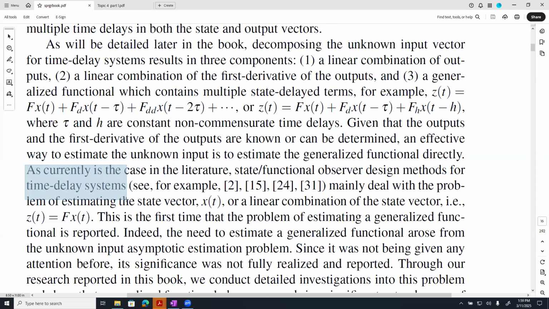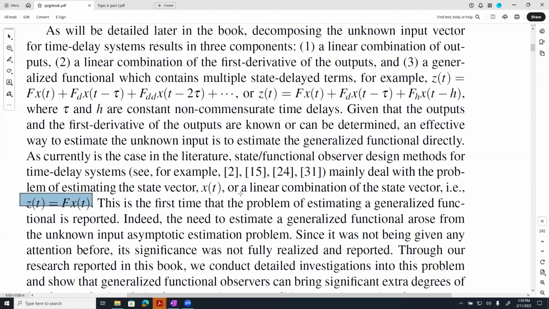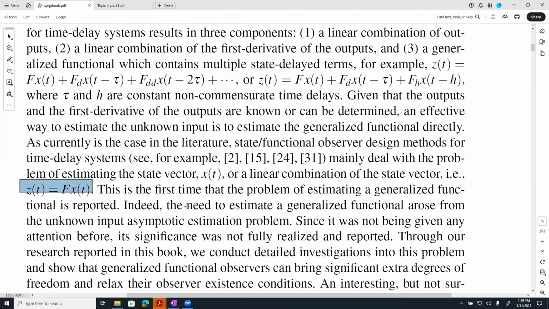But they mainly deal with the problem of estimating the stack vector or a linear combination of the stack vector. Never was there a need reported for estimating the generalized functional directly.